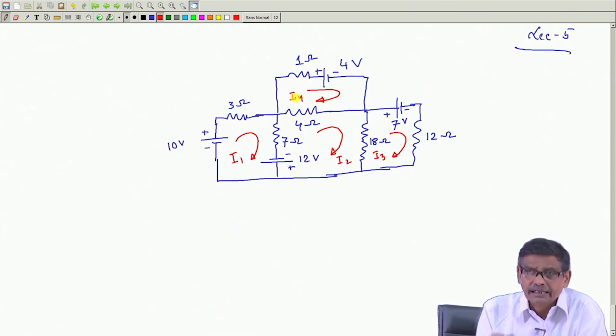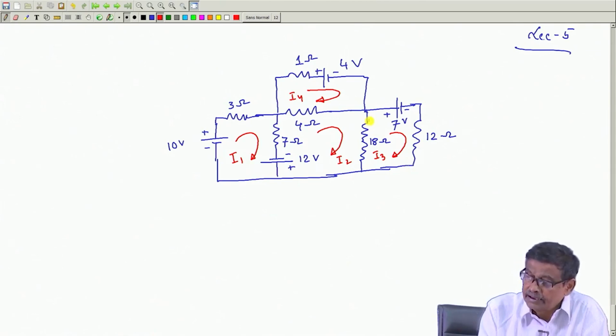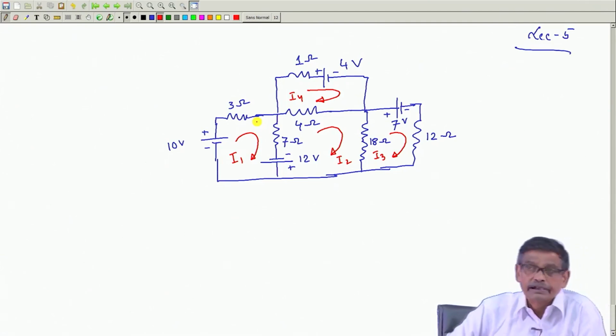Mind you, what I have really assumed is this branch current I 1, this branch current I 4, and this branch current I 3, and others can be derived if one wishes to find them. Therefore, I have to generate 4 equations.